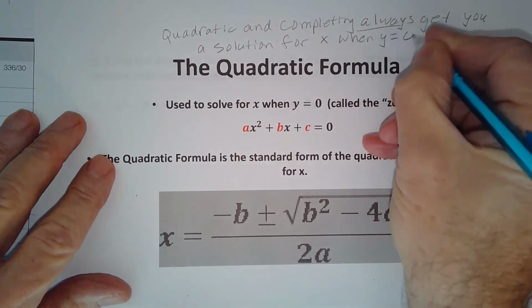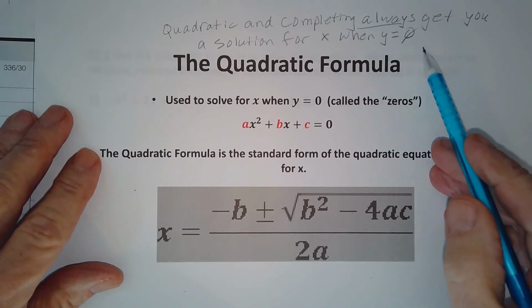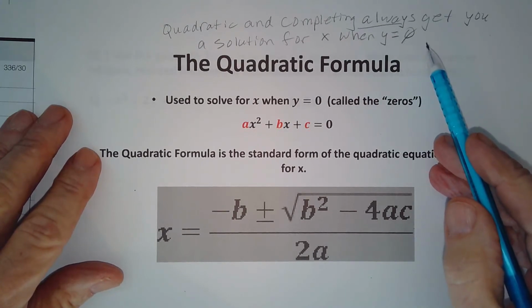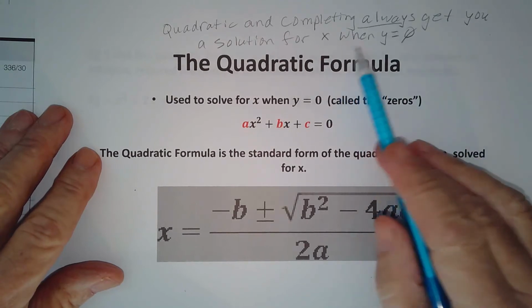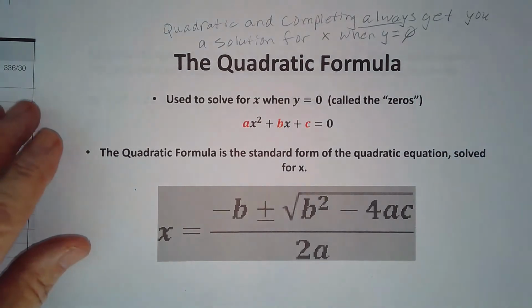So you remember when we were completing the square, we were getting answers that had an imaginary number in them. So completing the square had no issues with that. You would sometimes get real numbers as well.